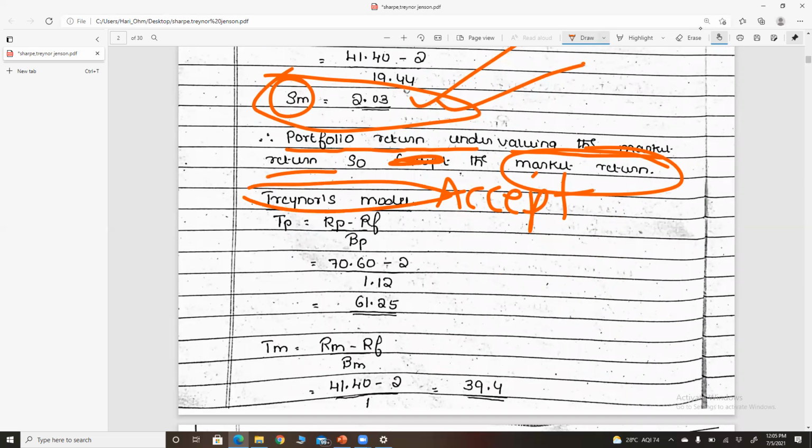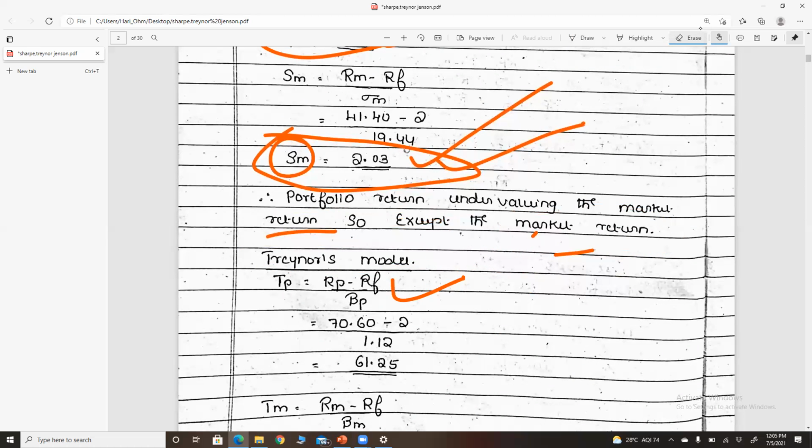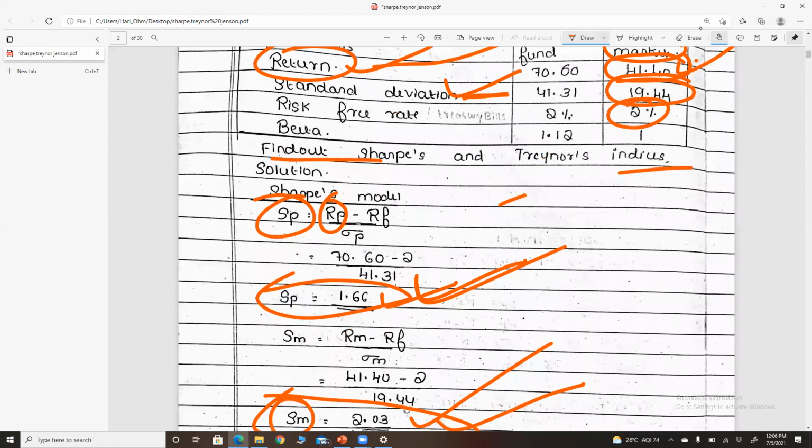Then next is Treynor's model. Treynor's model: RP minus RF divided by beta P. RP is the return of the portfolio, RF is the risk-free asset, and beta P is nothing but the systematic risk, that is the beta of the portfolio. Here it is given.